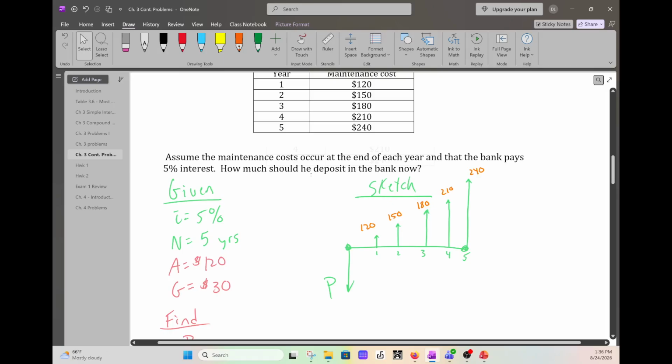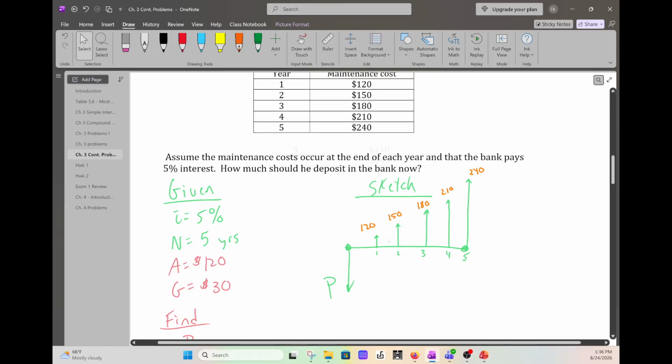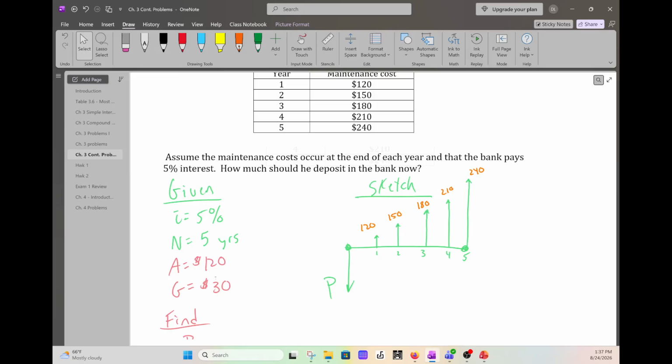So we have I is 5%, N is 5 years. A, that's the consistent or the first value throughout all of these, is 120. And look, G is the increase amount every year, it's 30. So what are we looking for?